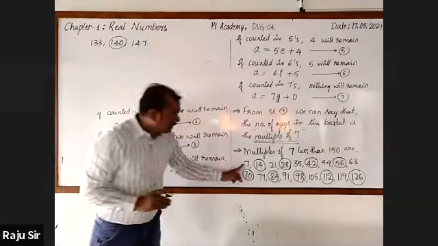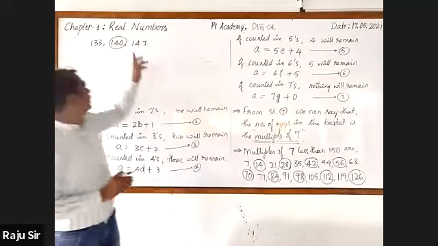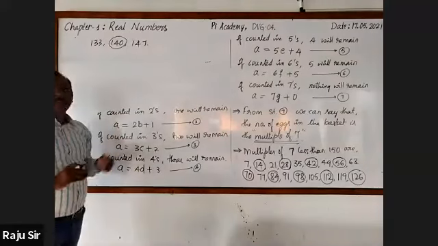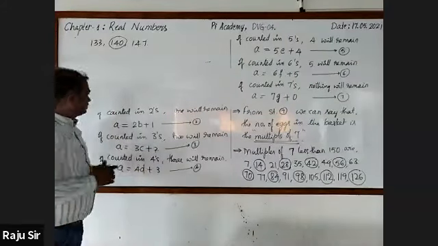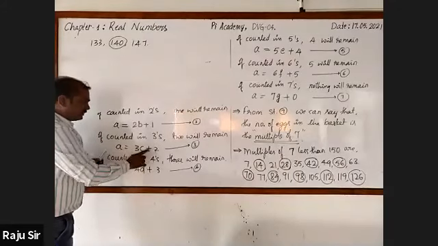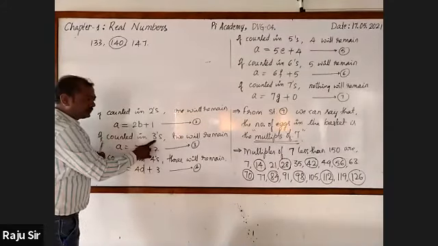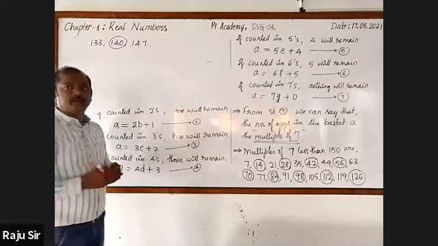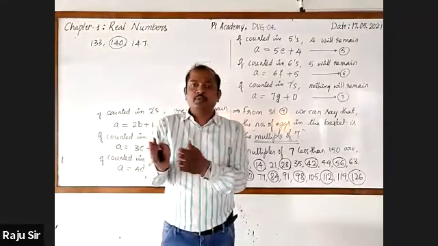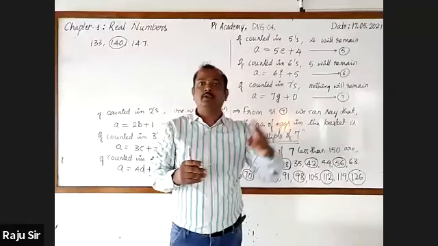Among the remaining numbers from 7 up to 147, there is a number which represents the total number of x. Here a equals 3c plus 2. Means if you go on counting 3's, 2 will remain.